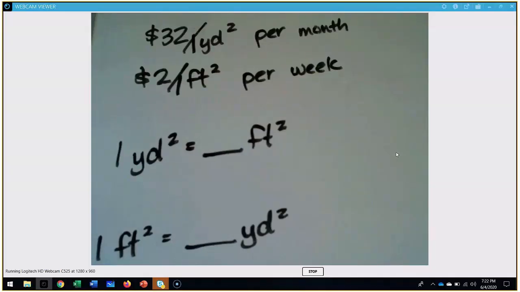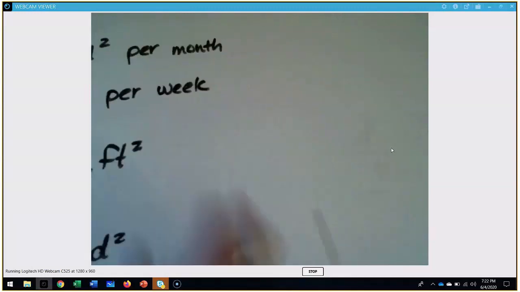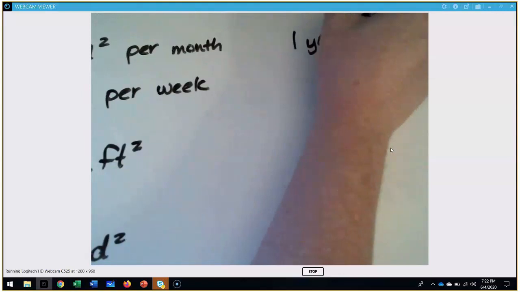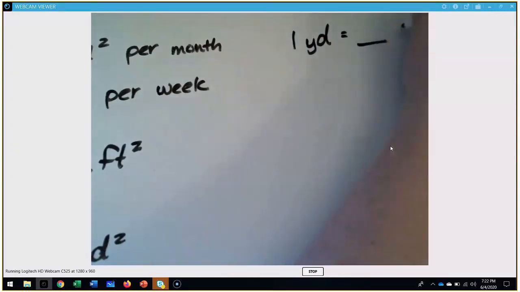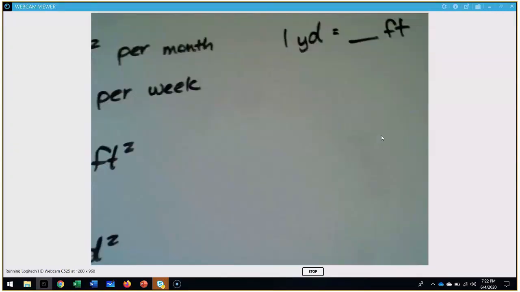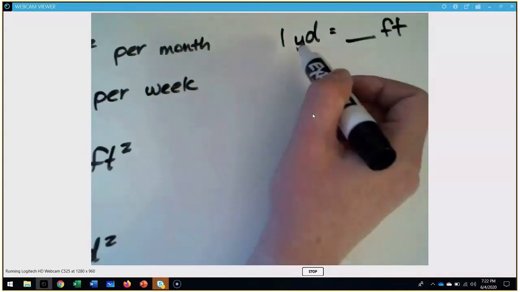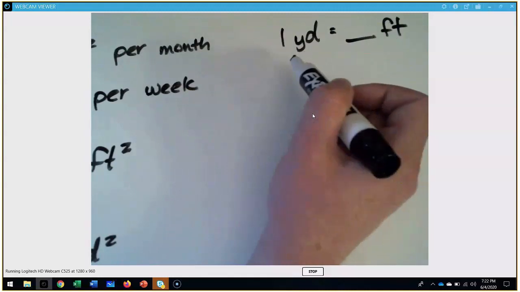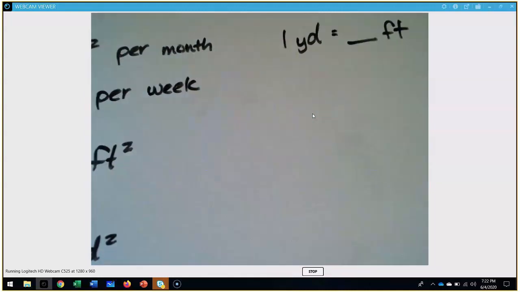Let's back up even further. You don't have it, so we're going to find it ourselves. Do we know how many feet are in 1 yard? Anyone?